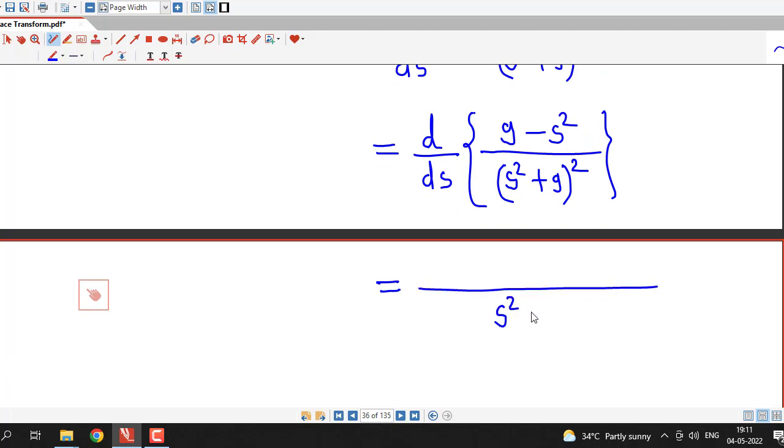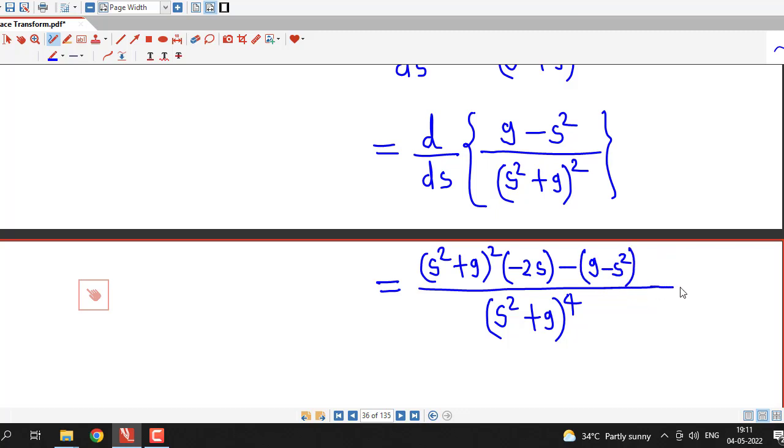We again consider square of s square plus 9, that is, s square plus 9 whole square, as it is. Derivative of 9 minus s square is 0 minus 2s, minus 9 minus s square as it is.